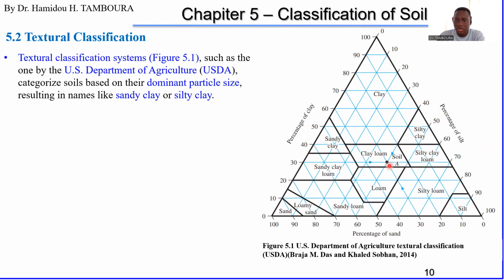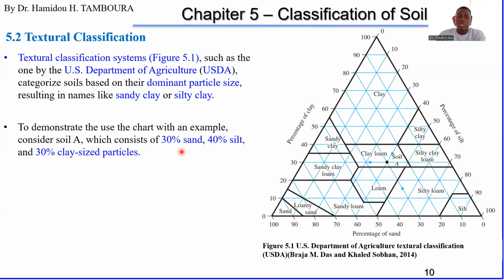Here, this upper part is mainly clay. Clay is dominant here, and sand is dominant here, and silt is dominant here. The triangle. The upper one is clay. This angle is mainly dominated by the sand, and here by the silt. So to determine, we need to do at least one example to show you how it works exactly.